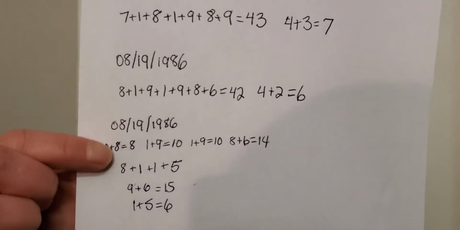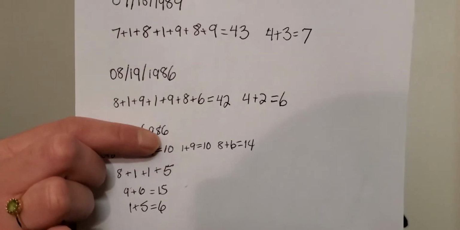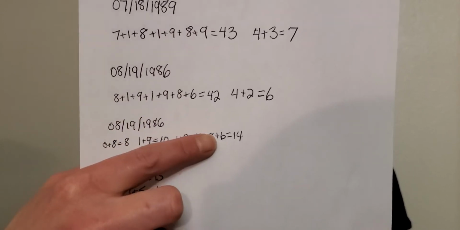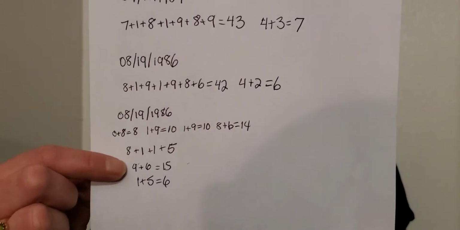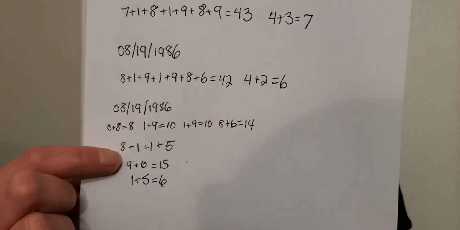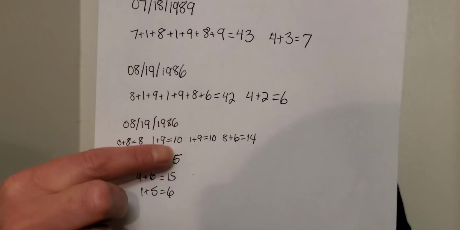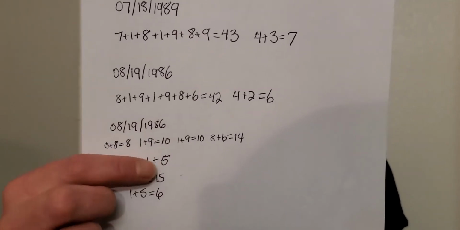So 0 plus 8 is 8 here. 1 plus 9 is 10. 1 plus 9 is 10 for these two, and then 8 plus 6 is 14. So then you would go down here and then add 8 plus 1 plus 1. Oh, those 10s get broken down to 1s. So that's why I did that.